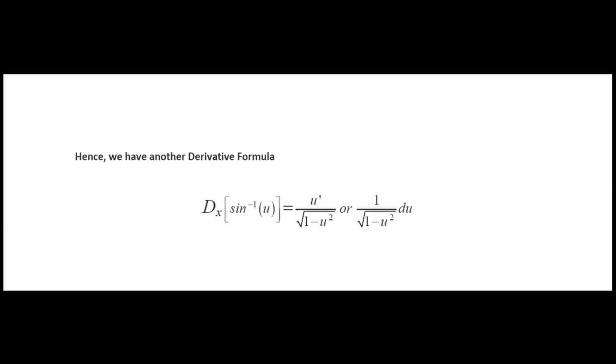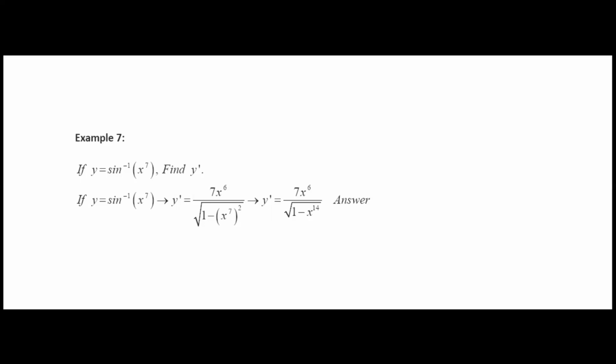So check back that we've used that formula there, and we've got an answer. The only thing we're going to do is square this, giving us x to the 14th. I think you would be expected to do that. And that takes care of that example.